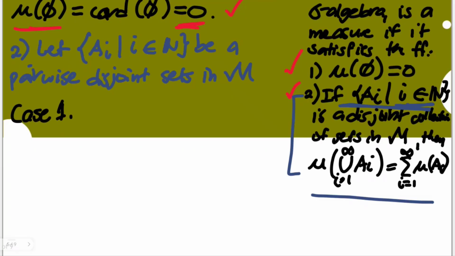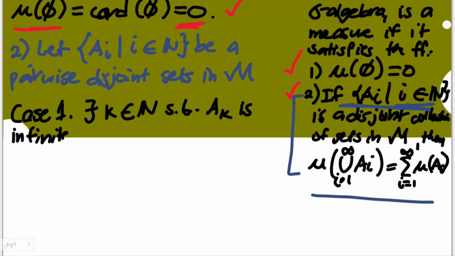Case 1 is, what if there exists a certain k, which is a natural number, such that A sub k is infinite? Because our A sub i's are actually subsets of the real numbers, and what if it's infinite? We need to show that this is true for a situation like that.